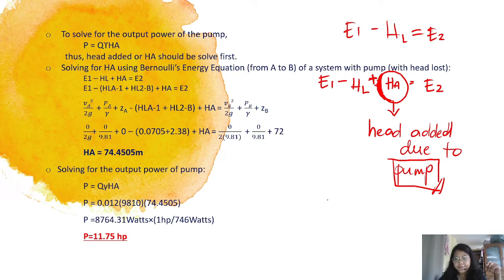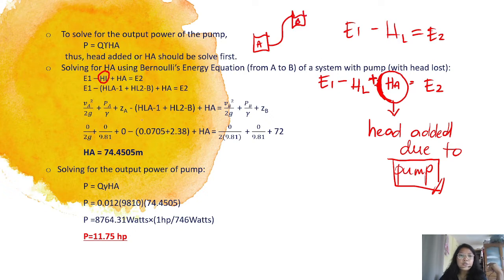Okay? The E1 minus HL plus HA is equal to your energy at point 2. Ngayon, itong head loss, considering all of the head loss na nangyari from point 1 or from point A to B. So, naalala pa? So, from point A to B, lahat ng head loss niyan considered.